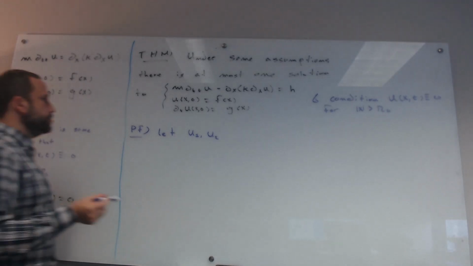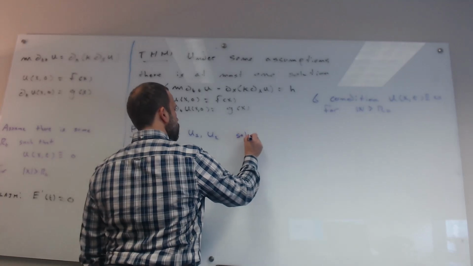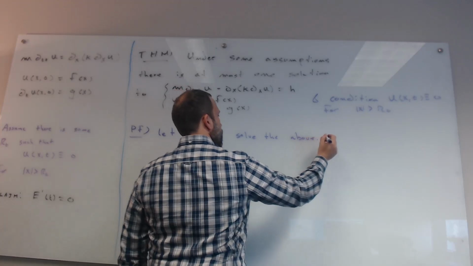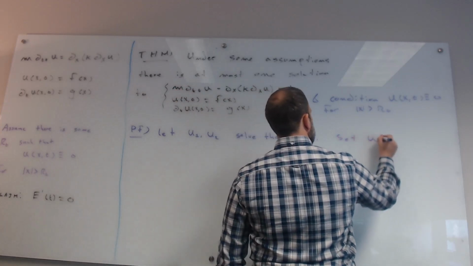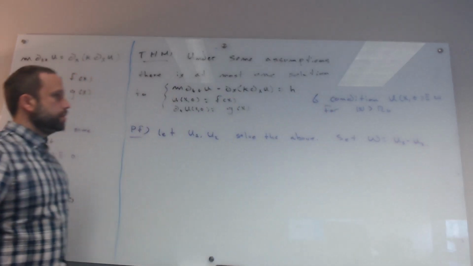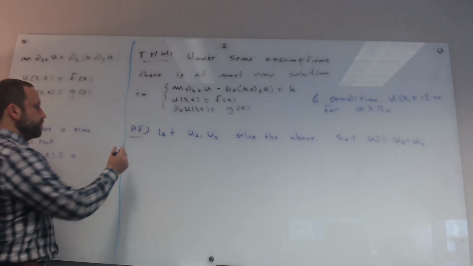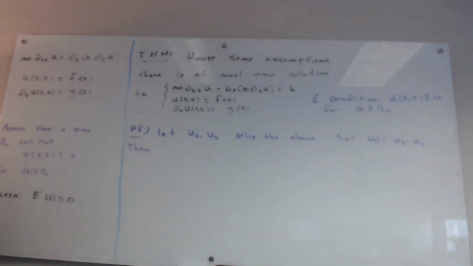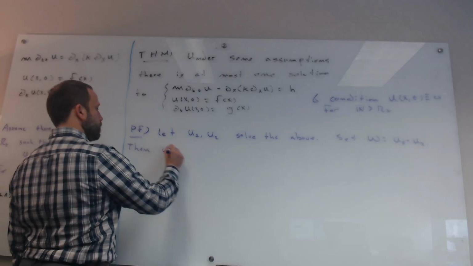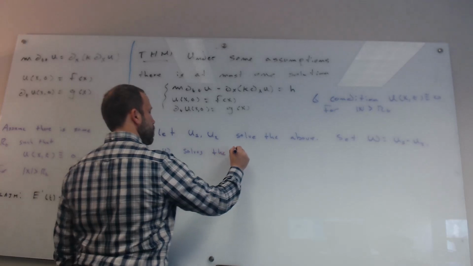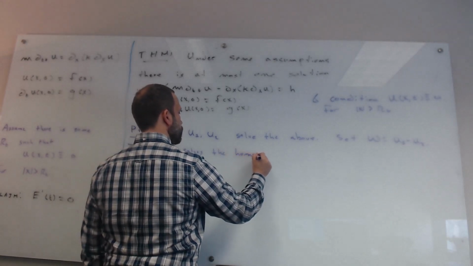So let u1 and u2 solve the above, and we're going to set w to be u1 minus u2.